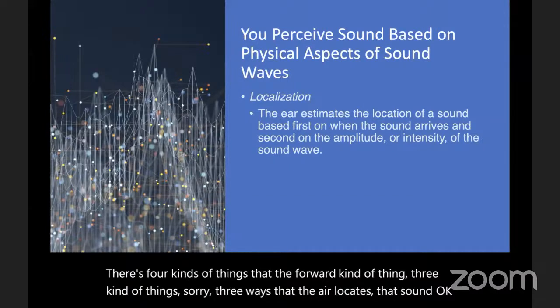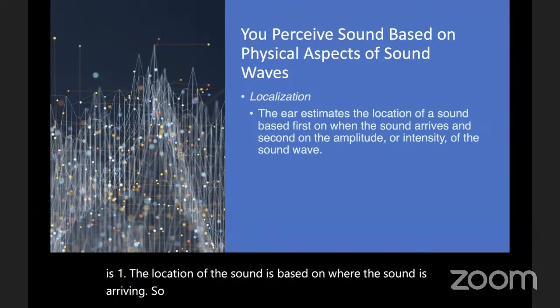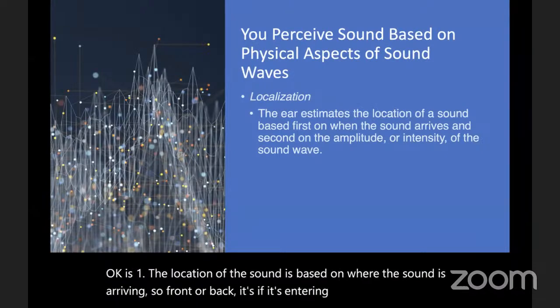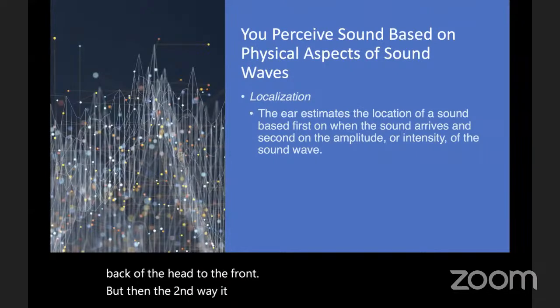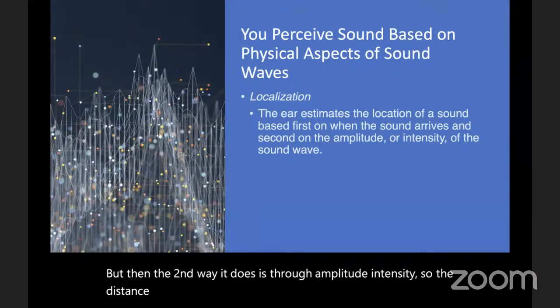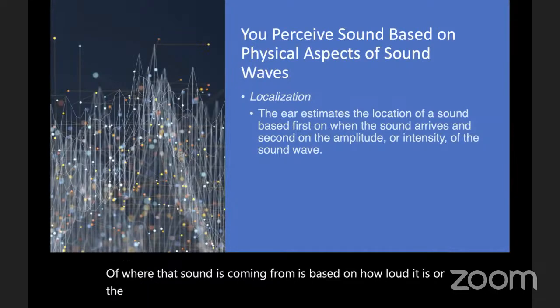One, the location of the sound is based on where the sound is arriving. So front or back, if it's entering the ear from the back of the head to the front. But then the second way is through amplitude intensity. So the distance of where that sound is coming from is based on how loud it is, or the amplitude of the sound wave.